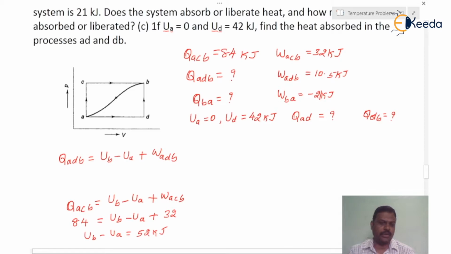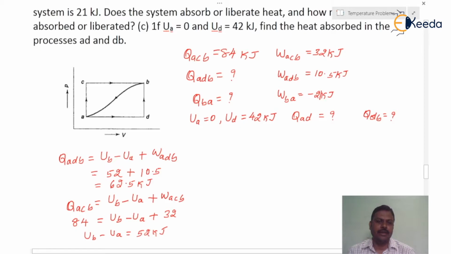Let us substitute this UB minus UA into the equation: it is 52 plus WADB, which is 10.5. So this will be 62.5 kilojoules. So this is for QADB.